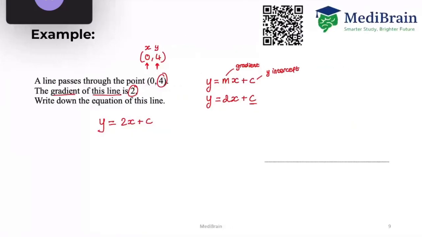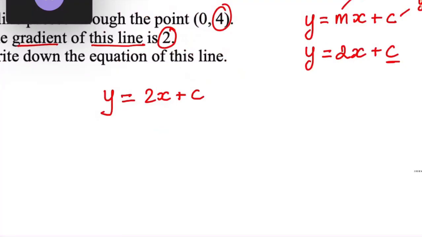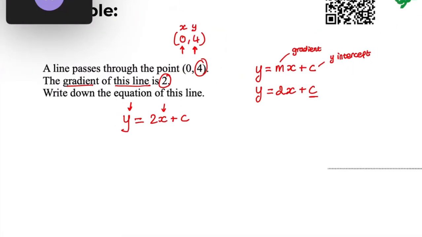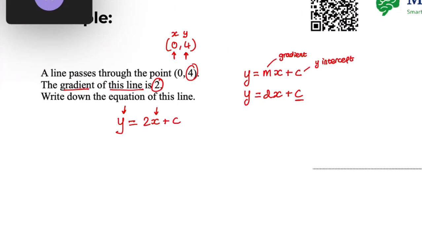In here, we also have a y value and an x value. So all we're going to do is substitute the x value and the y value from these coordinates into the equation. The y value is 4 and the x value is 0, so 2 times 0, and then we've got the plus c.